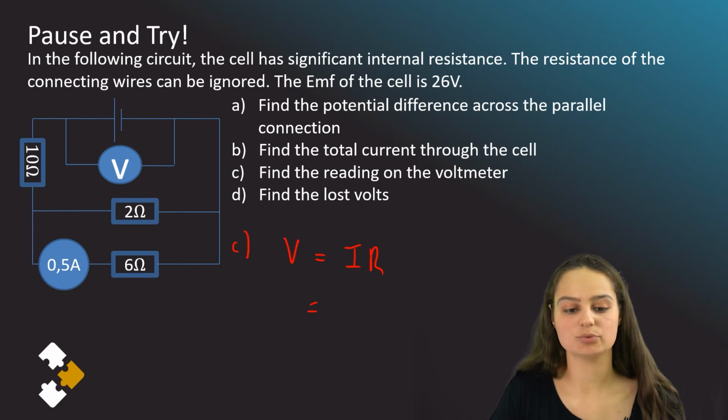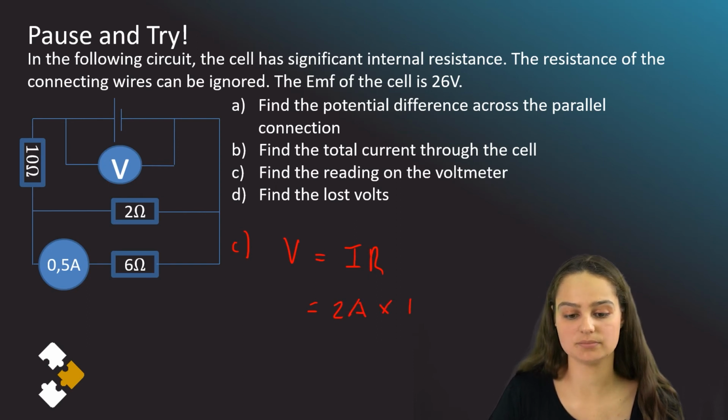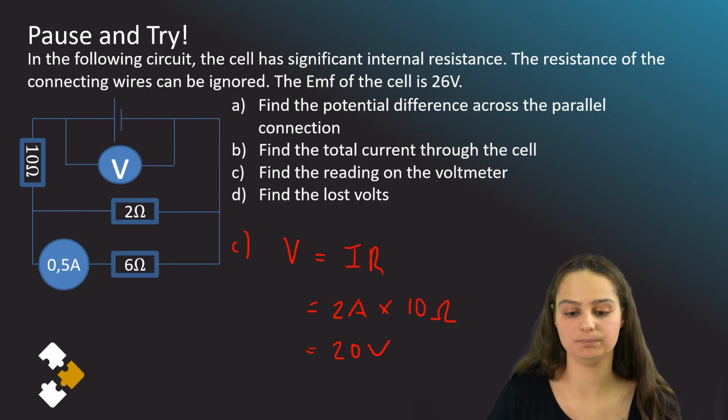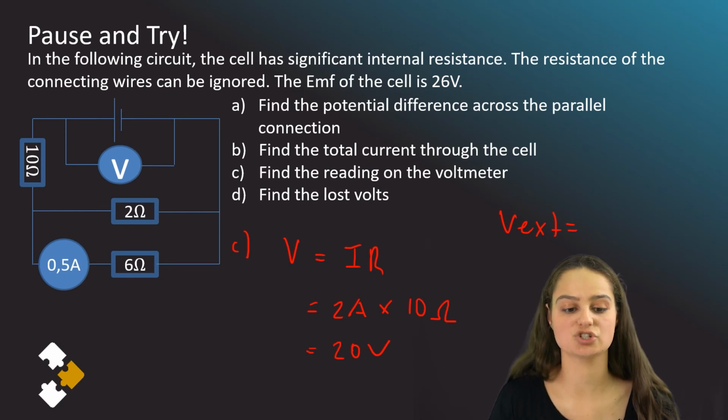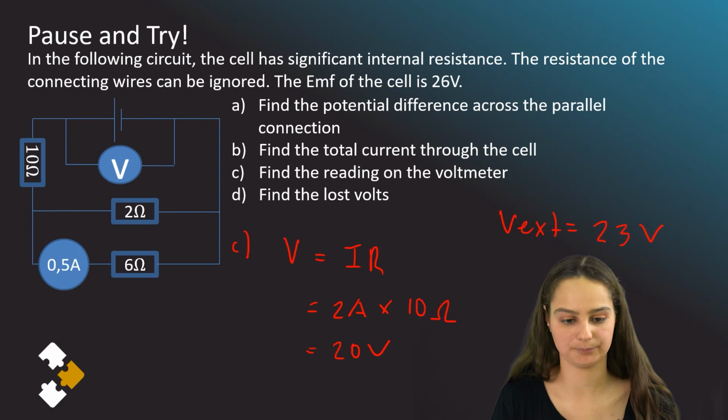We know that the total current we've worked out is 2 amps from the previous question. The resistance is 10 ohms, which means the voltage is going to be 20 volts. And now to work out the V external, we're going to add this 20 volts, which is the voltage over the 10 ohm resistor, plus the voltage over the parallel connection, which was 3 volts. That gives us a total of 23 volts over the cell.